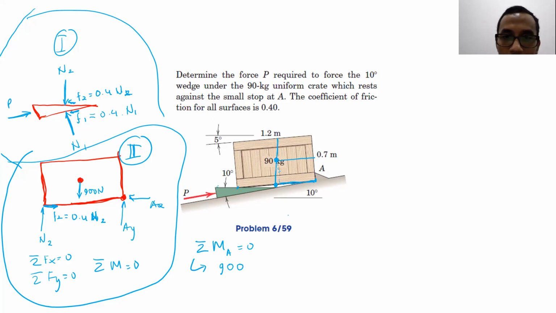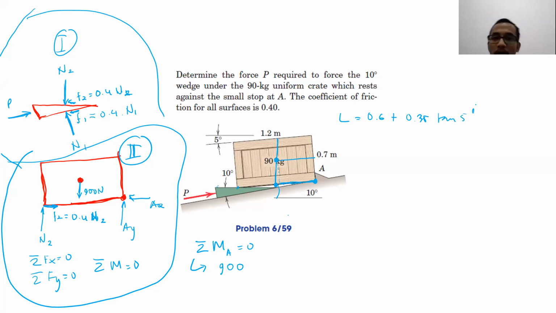Oh, yeah. Okay. So for this one, the length of the small one, the length from this to this, is supposed to be L there, right? It is supposed to be 0.6 plus 0.35 tangent 5 degrees.